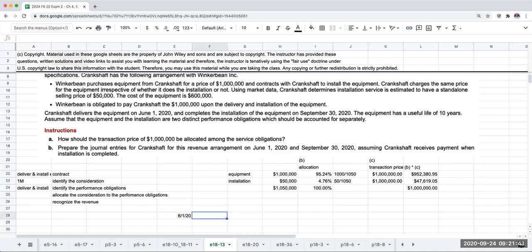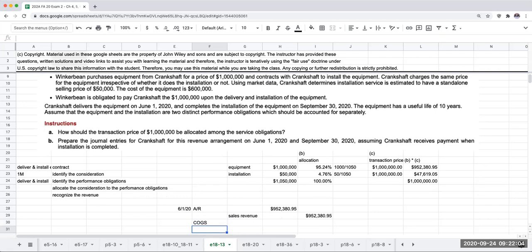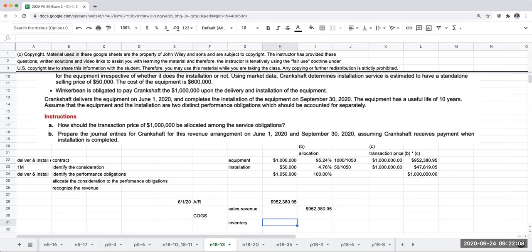What I would be doing is debiting accounts receivable for $952,380, and I would credit sales revenue for that same amount. Then I would debit cost of goods sold and credit inventory. So why am I doing it like this? I've not started performing any of the services yet.